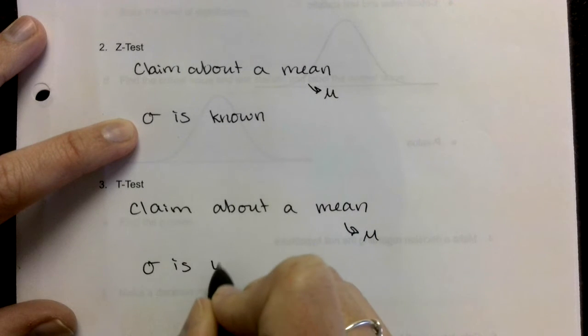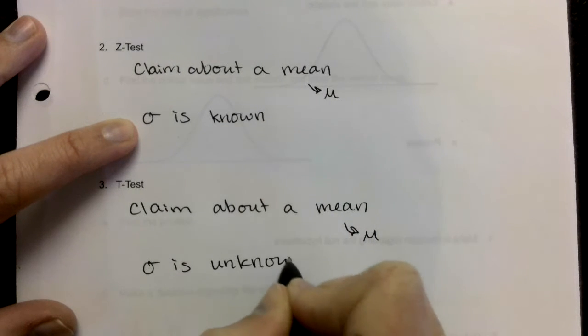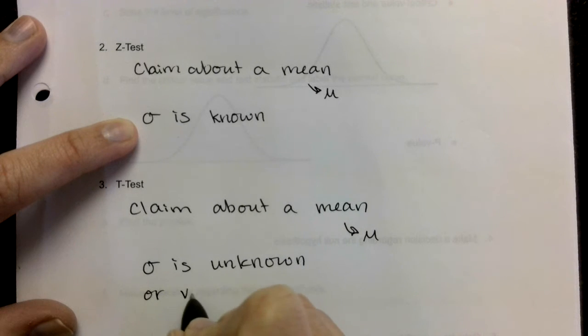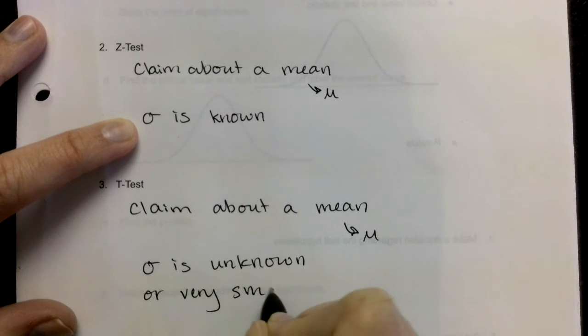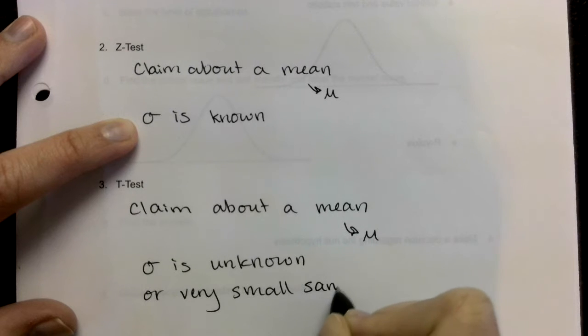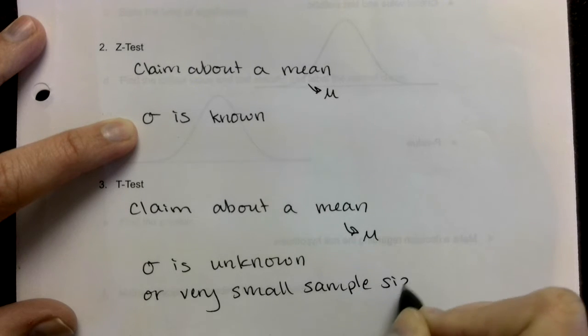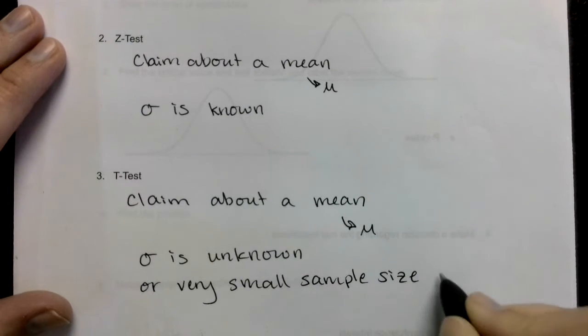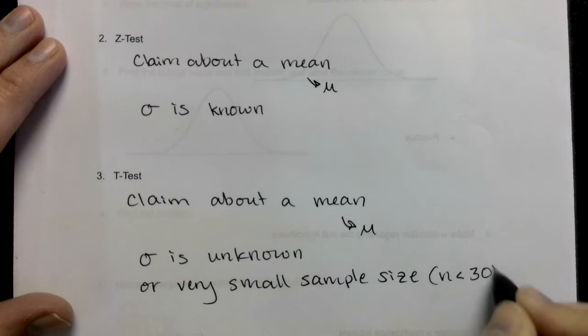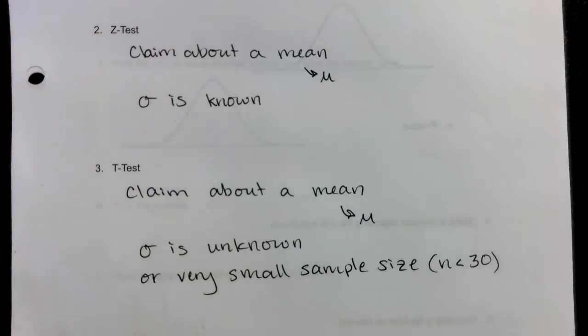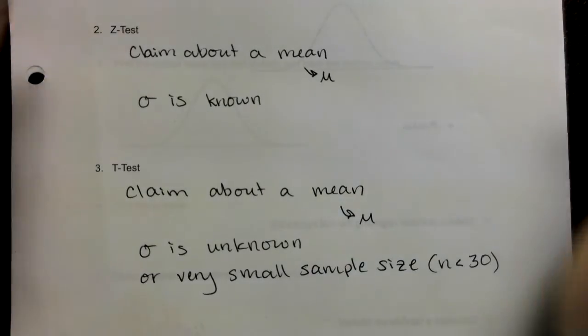Here, sigma is unknown, or you have a very small sample size. Usually we say if n is less than 30, we'll go with a t-test. 30 is about the cutoff.